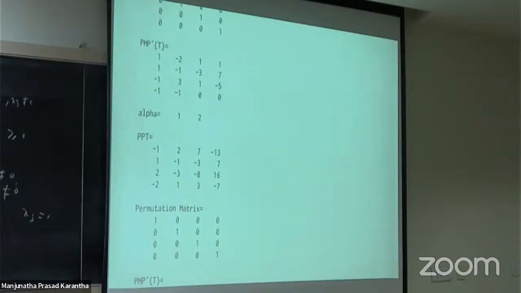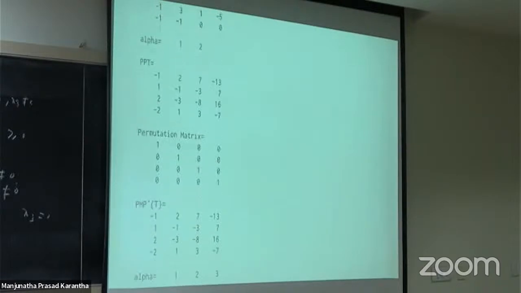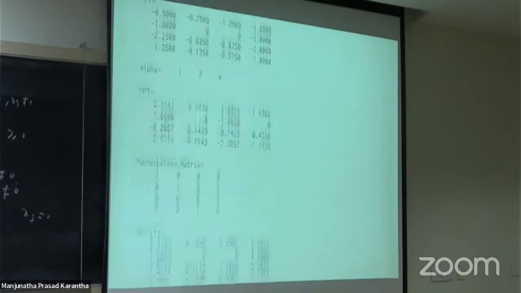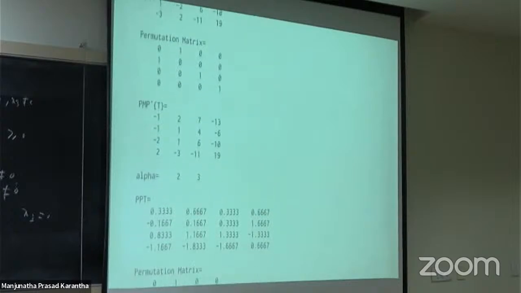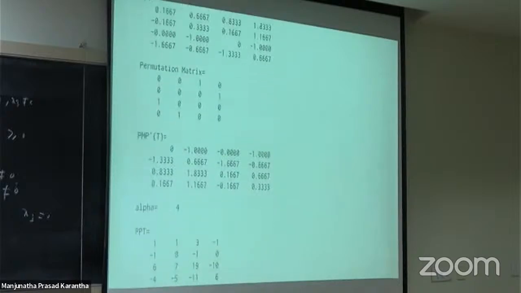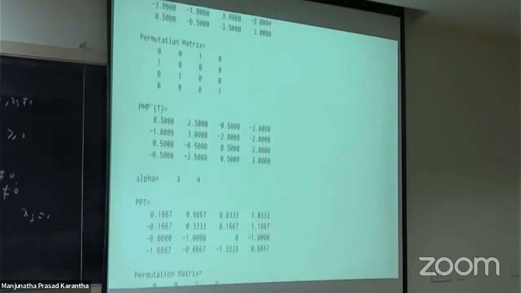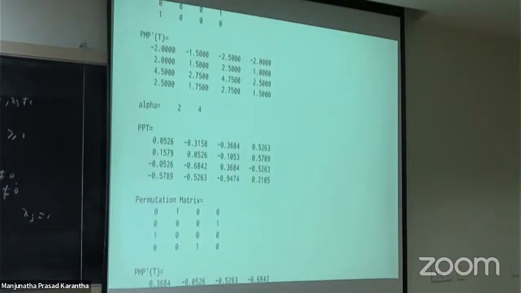That's why I said that if you want to work in this class, you need to have some computation power. Otherwise, you can't afford to work in this. You can see here that you have to calculate so many PPTs, and only then can you compute something.